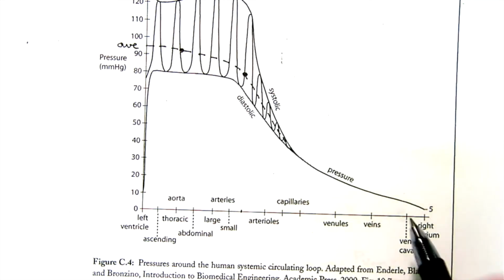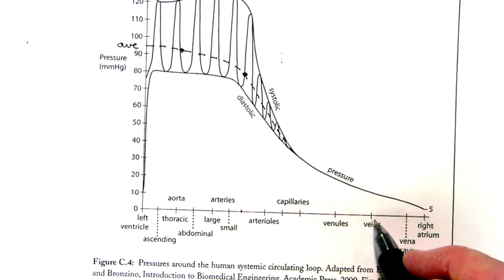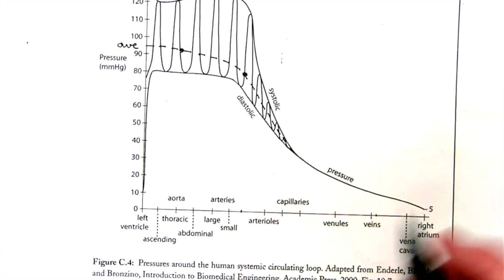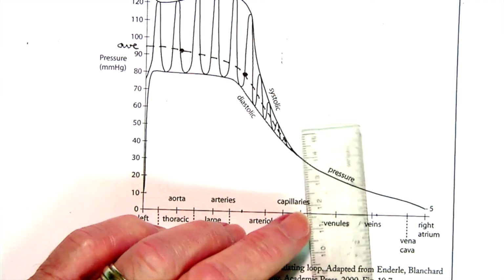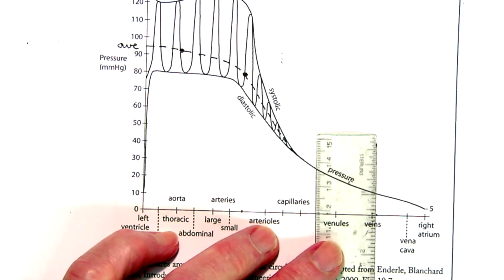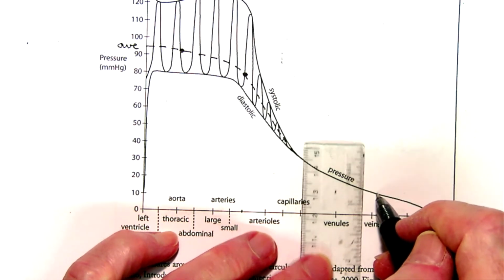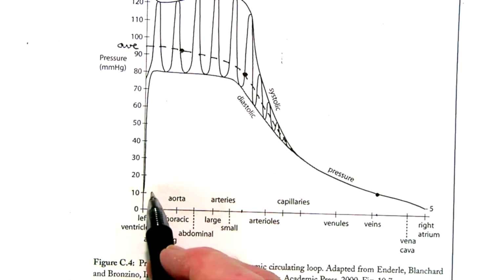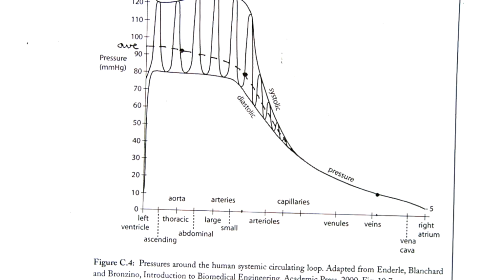Somewhere in the middle of that is where I'm going to say the veins can be represented on average, maybe right here. So we go up from that spot with a ruler and find where the ruler crosses that line, and off to the left we can estimate what the pressure is on average in the veins.